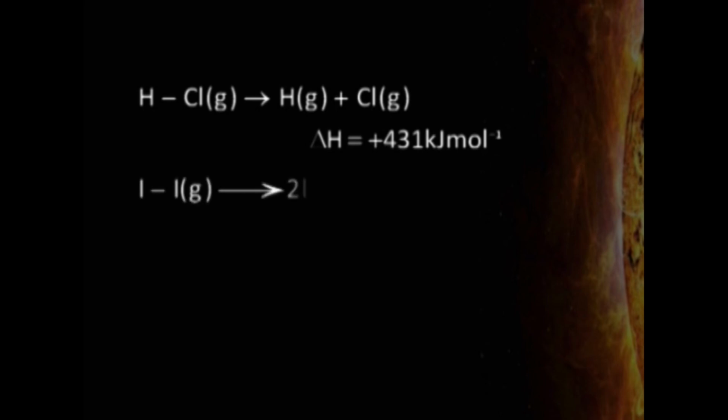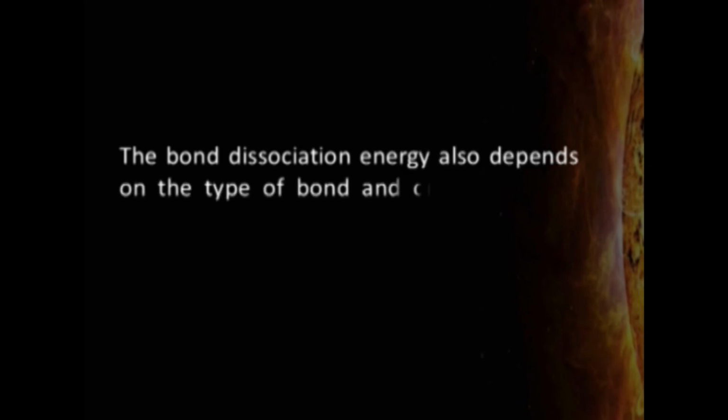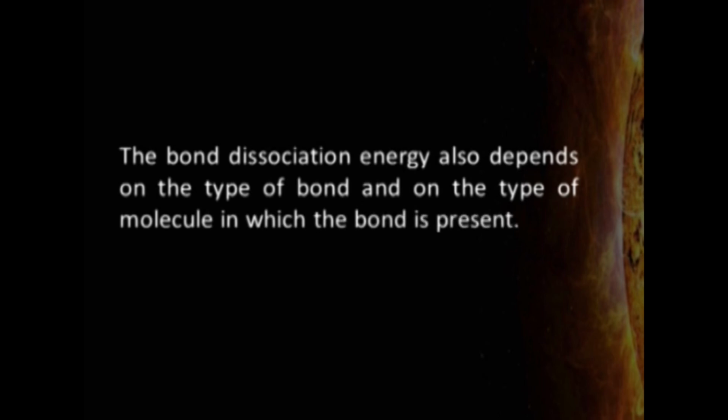For the iodine-iodine bond, it is 15.1 kilojoules per mole, and for the hydrogen-iodine bond, it is 299 kilojoules per mole. The bond dissociation energy of diatomic molecules is also considered as bond energy. However, the bond dissociation energy also depends on the type of bond and on the type of molecule in which the bond is present.